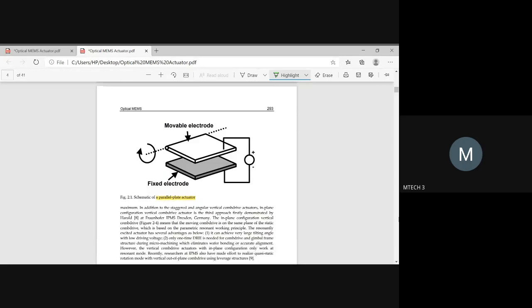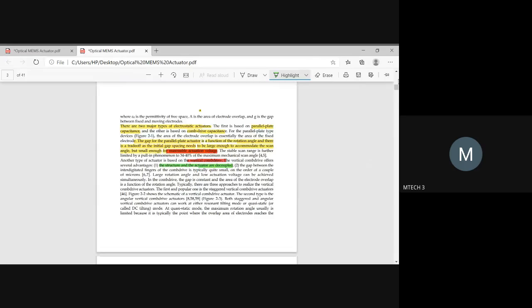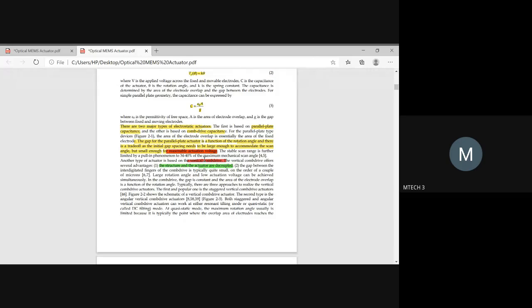You have two things, movable and fixed, in a combo pack which is clamping against each other. It is not kept one above the other in parallel. So it provides a combo pack wherein the structures of the actuators are decoupled.